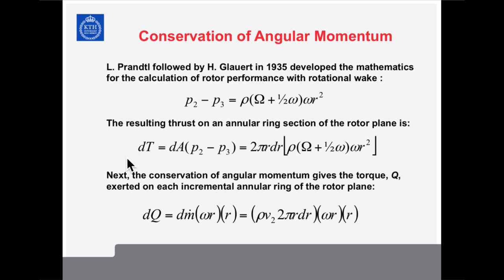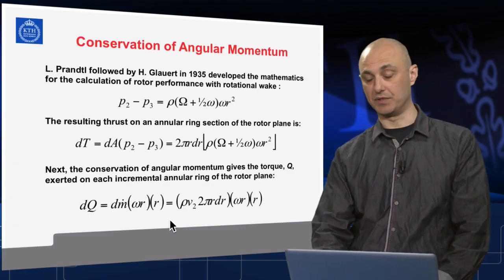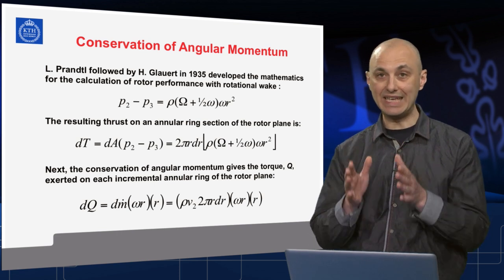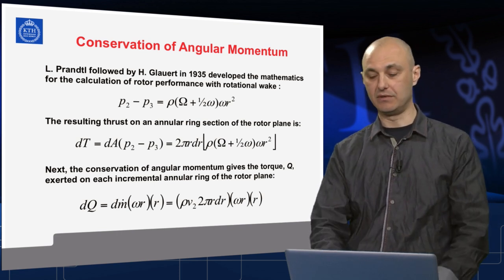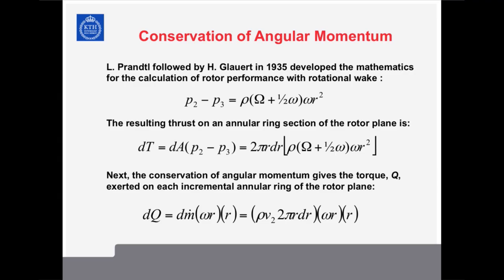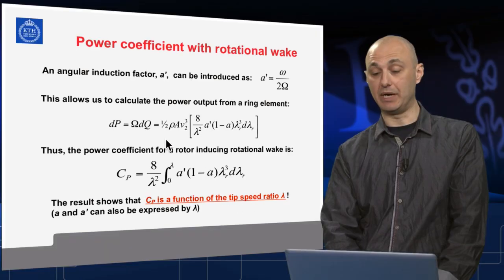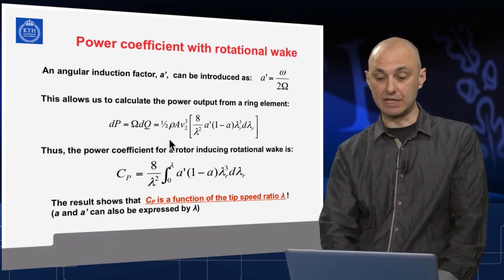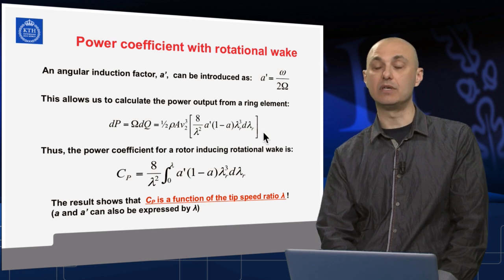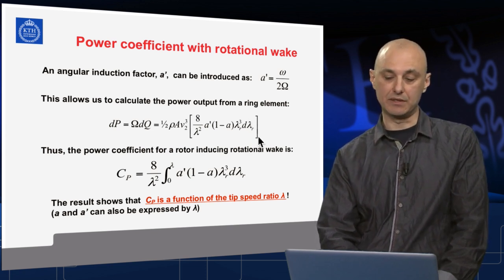Then the torque, which is the useful force developed by the rotor, is again a function of those values for each section of each ring of the rotating tube. An angular induction factor can be introduced in the equation, finally describing the power developed by each section of the ring as a function of the tip speed ratio and the angular induction factor.